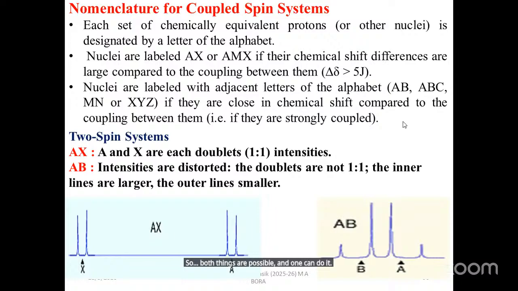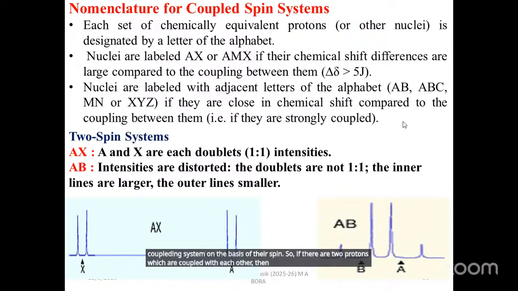Now, on the basis of splitting, we can classify coupling system on the basis of their spin. So, if there are two protons which are coupled with each other, then they will be called as AB or AX system. If there are three coupled protons, then you can call it as the ABC, AMX, or XYZ system.